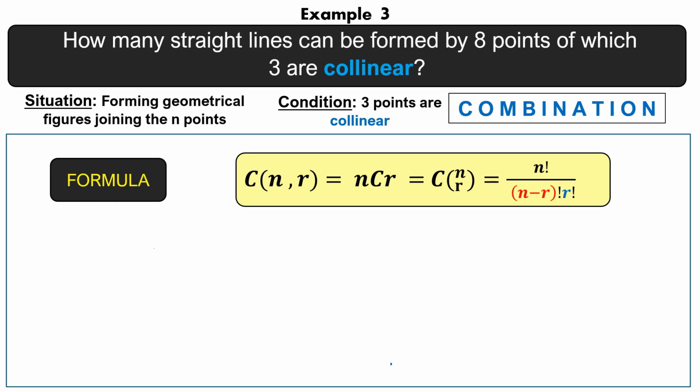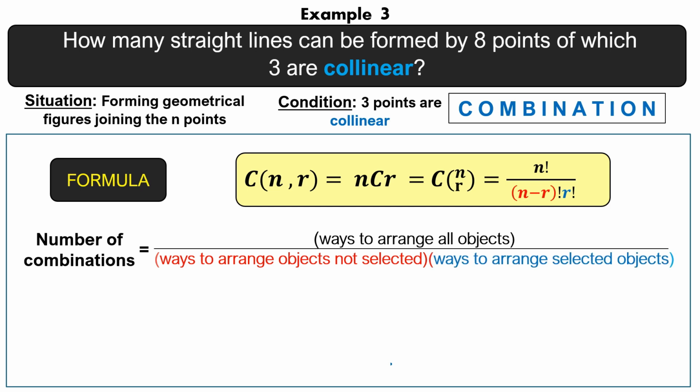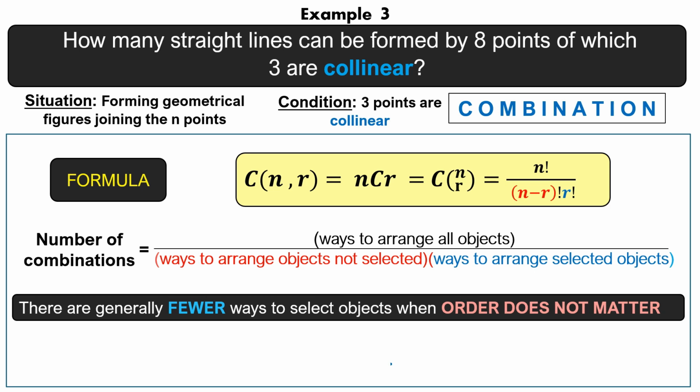So, ibig sabihin ng formula na to, the number of possibilities of combination is equal to the number of ways to arrange all the objects divided by the product of the number of ways to arrange the objects that are not selected and the number of ways to arrange the objects that are selected. Let me remind you that there are generally fewer ways to select objects when order does not matter. Ibig sabihin nito, mas maliit yung expected outcome ng combination compare sa permutation.